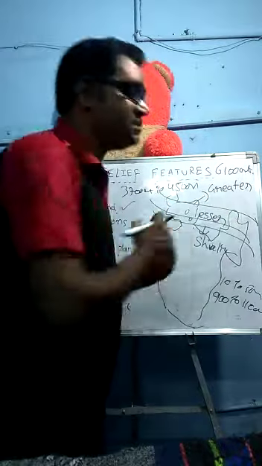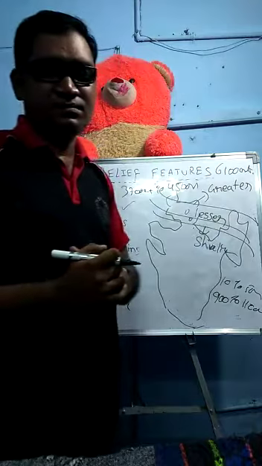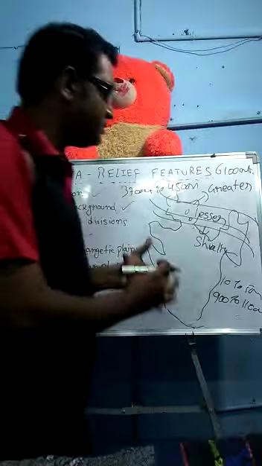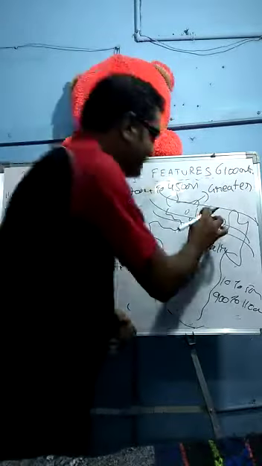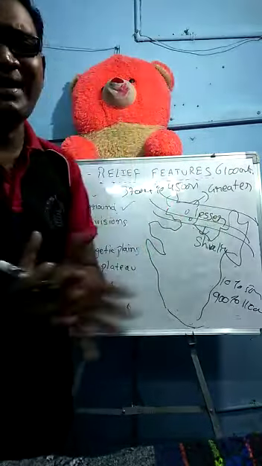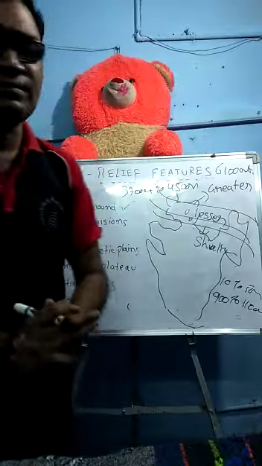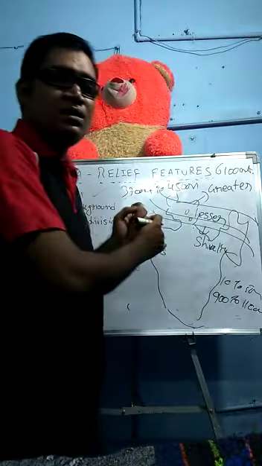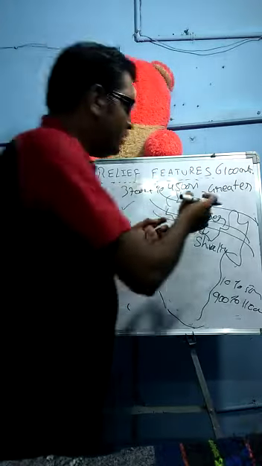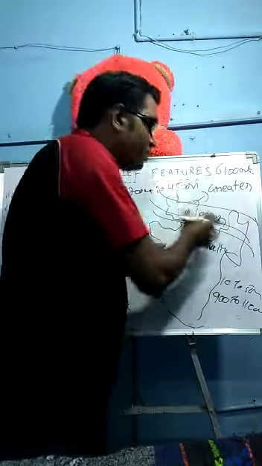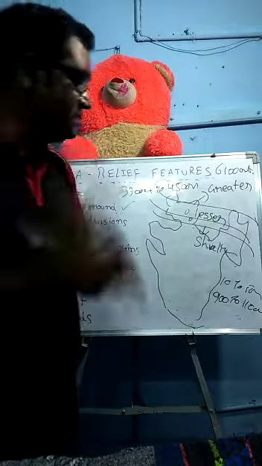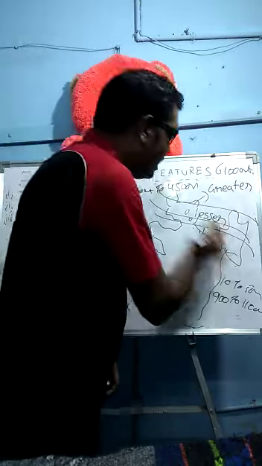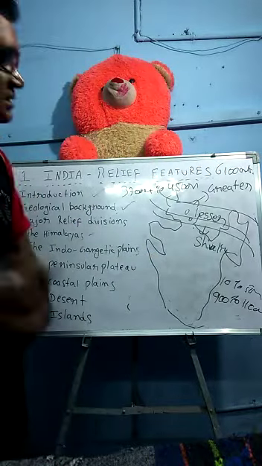This area is covered with gravel stones. Between the Lesser Himalayas and the Shivalik ranges there are valleys and plateaus. These valleys we call duns. Dehradun is located here, and also the Patli and Kotli duns. These are the details of the Shivalik ranges.